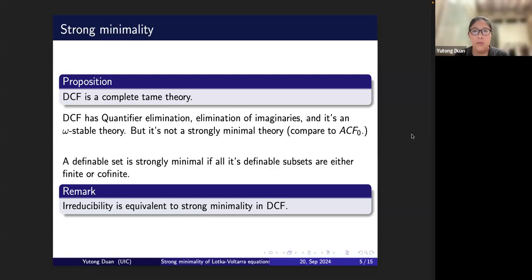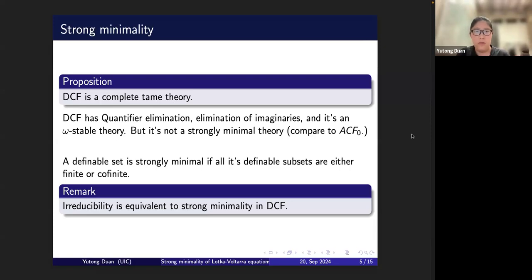But compared to ACF_0, that is, algebraically closed fields of characteristic 0, it is not a strongly minimal theory. So what do I mean by strongly minimal? First, let's look at a definable set, that is, a set that is defined by a formula. A formula means you use all the symbols I just defined to write a first order formula, which contains free variables.